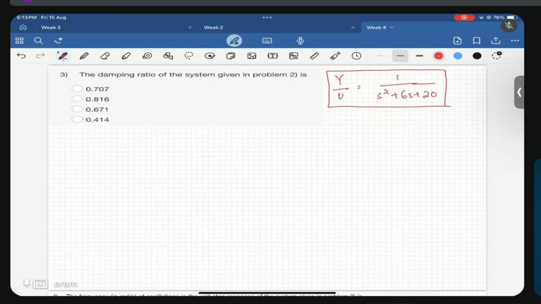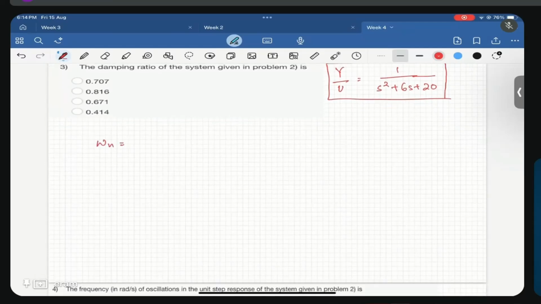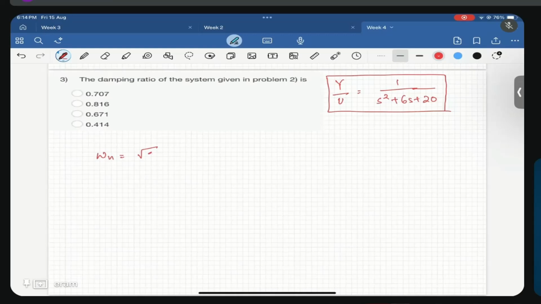Okay. Those who are preparing for GATE, try to calculate everything using the calculator given in your laptop, because that way you will be very familiar with the one provided in the examination also. Okay, for this one we know the natural frequency is under root 20.